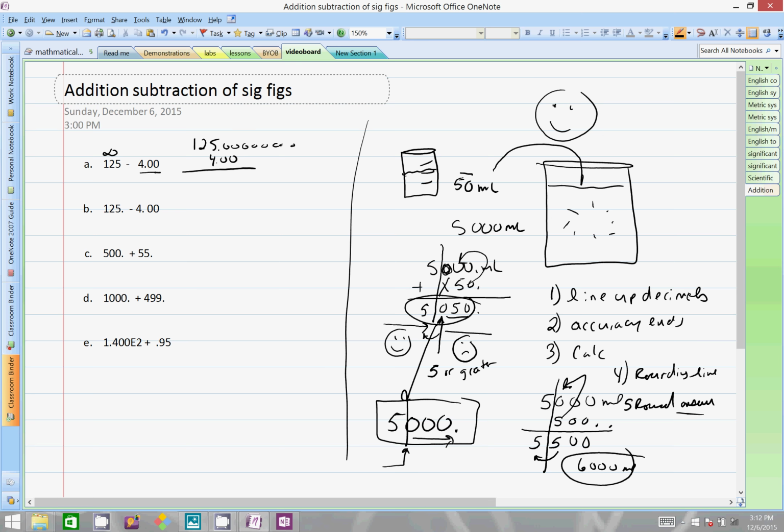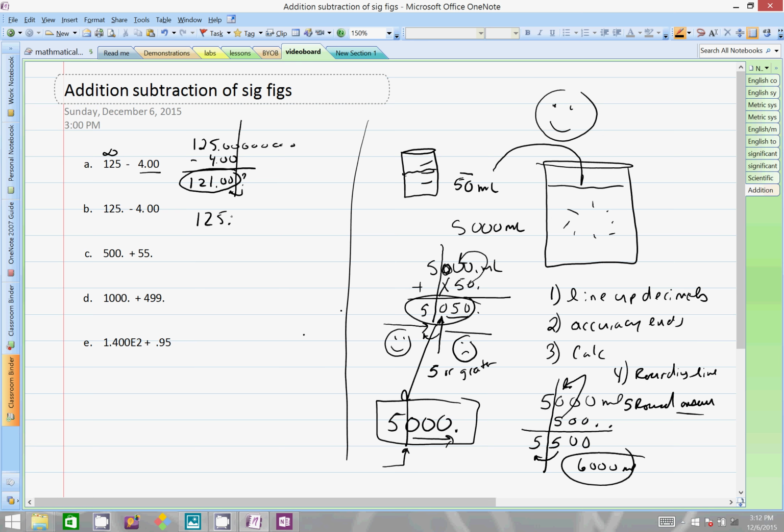So 4.00 is my least accurate value, and it will set the accuracy right here. I am subtracting, so it's going to be 121.00, and this is my answer. Generally speaking, the answer to the left of my round line is what I need. There's no number here big enough to round it up, so I just stay where it's at.